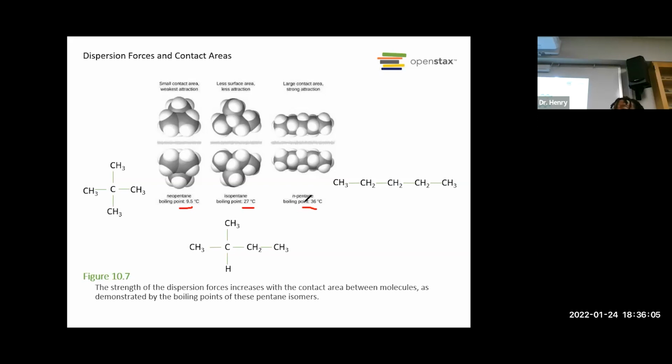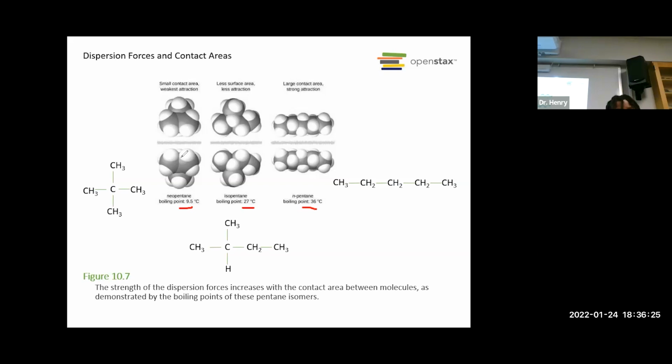I'm sure, because you have more surface area, right? This here gives us more surface area than this guy, and then this gives us more surface area than this guy. So the more surface area you have, kind of like we were talking about, you can rub up against each other for a while before you're let loose.